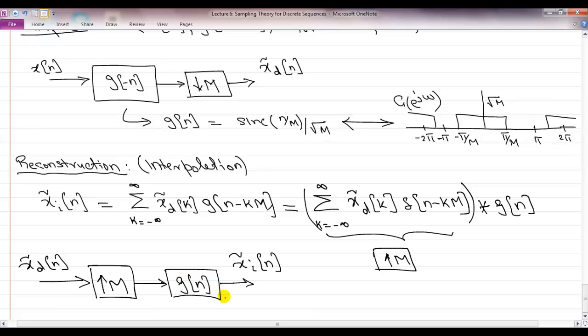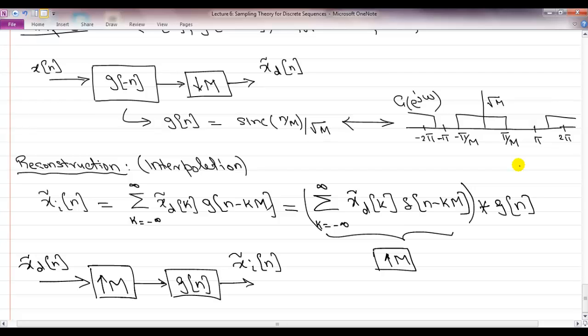Now what is this g of n again? It's exactly the same low-pass filter. So what do we do in the continuous time world when we are reconstructing from samples? We take our samples, we convert it into an impulse train, and then we low-pass filter it to the cutoff frequencies that we think our signal has.